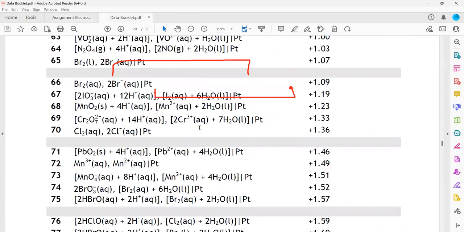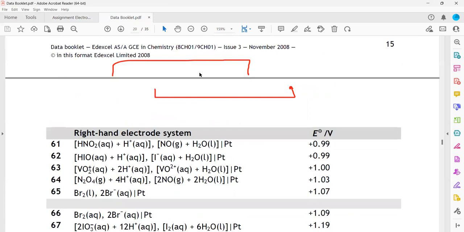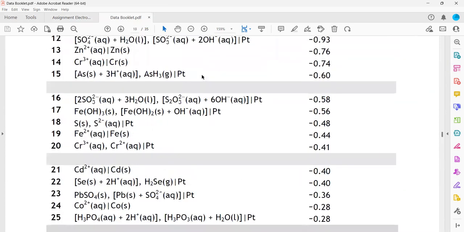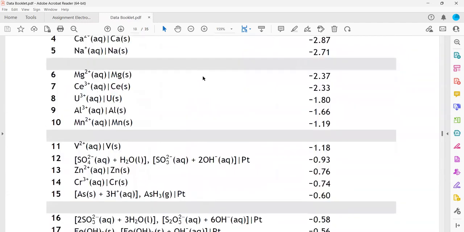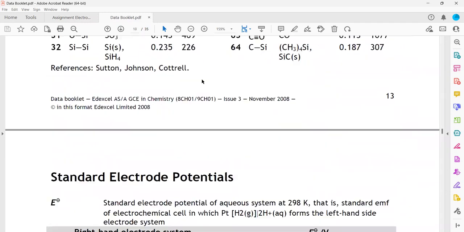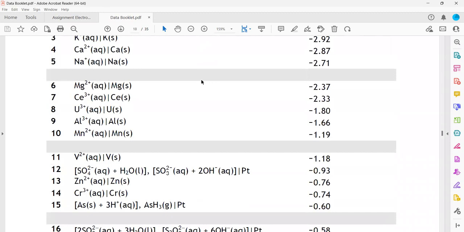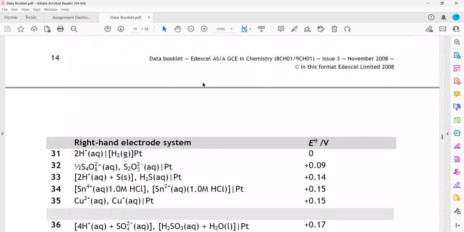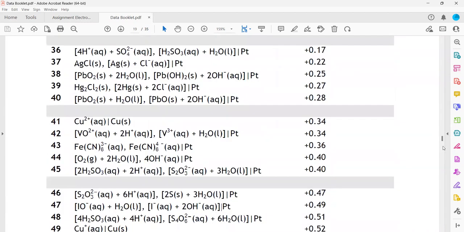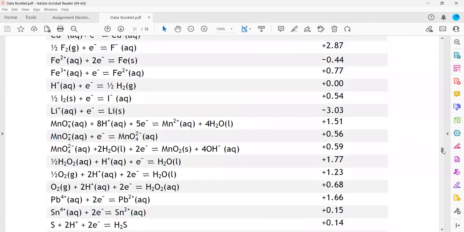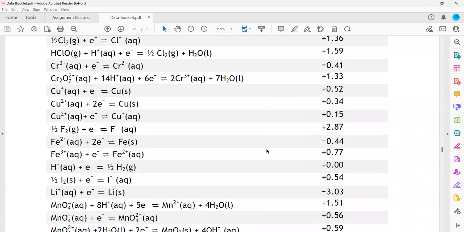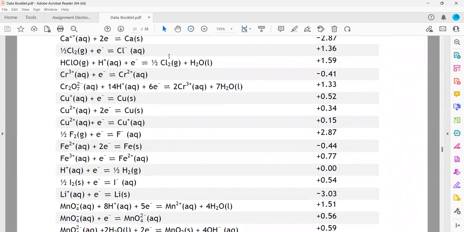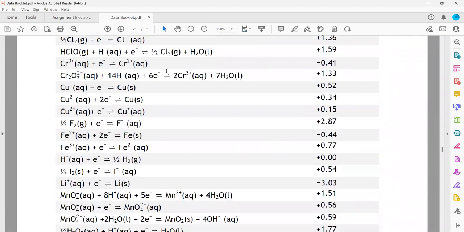So, data booklet, page 17. Yeah, this one is 17. So we have iron 2 and iron 3, and we'll find the electrode potential for that.